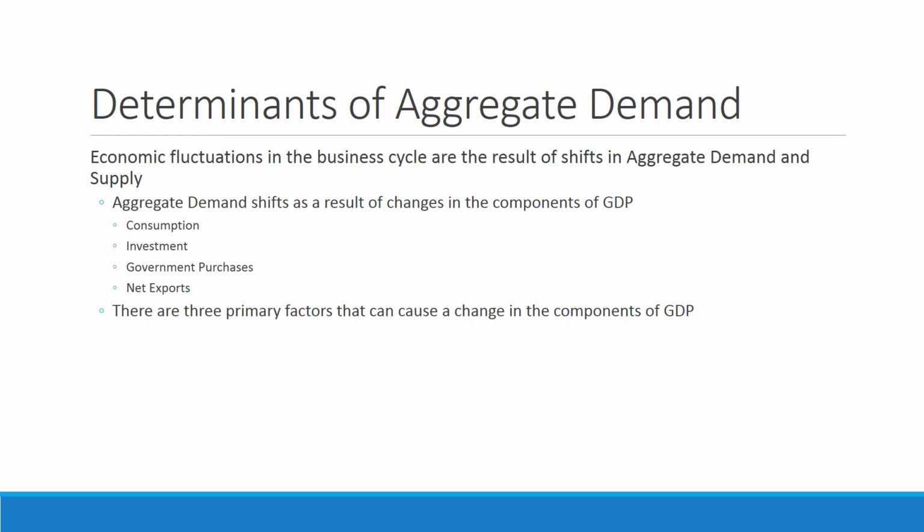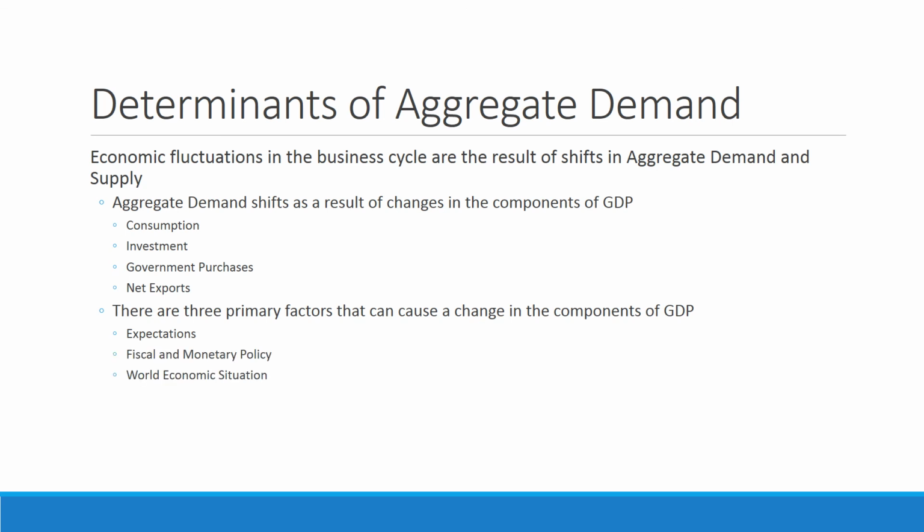Economic fluctuations are the result of shifts in aggregate demand and aggregate supply. Aggregate demand shifts as a result of a change in some part of GDP. So the question, of course, is what causes those things to change? The first is expectations. Second is fiscal and monetary policy.